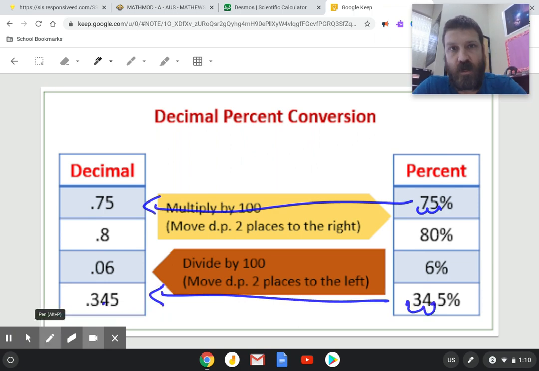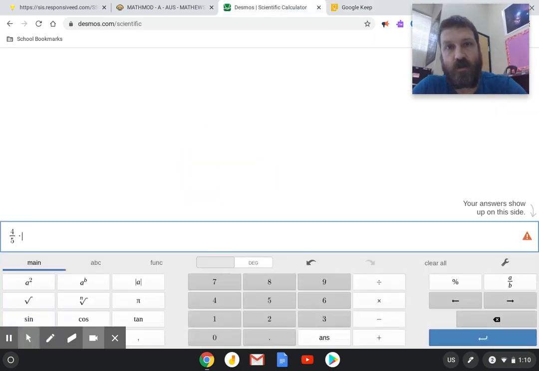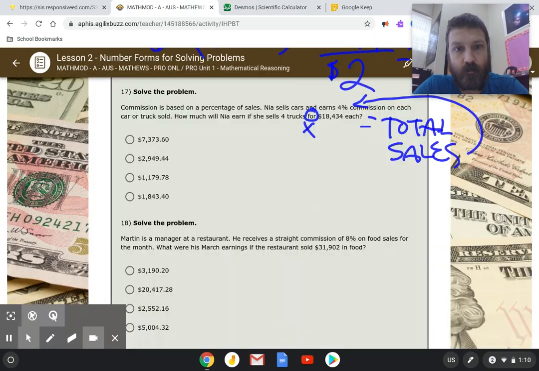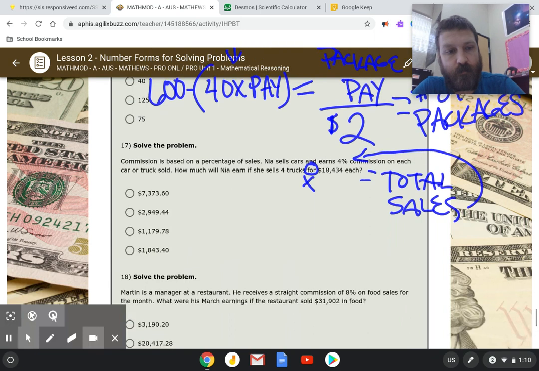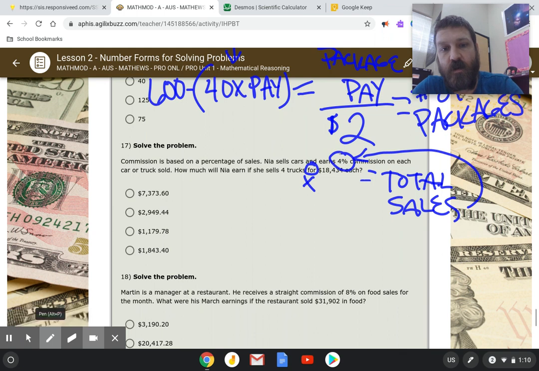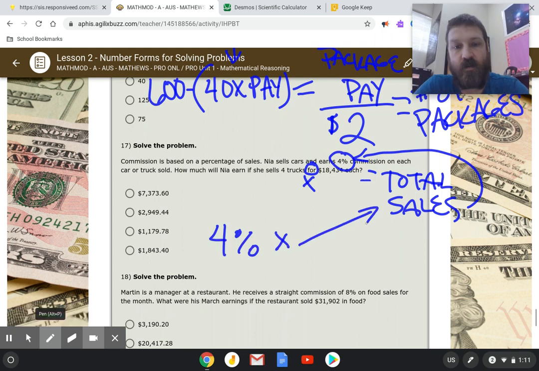You get the idea. So you need to do that first. Once you do that, you're going to multiply that percentage, 4%, times the total sales, because percents are almost always a multiplication situation. So you do 4%, again converted into a decimal, times the total sales.